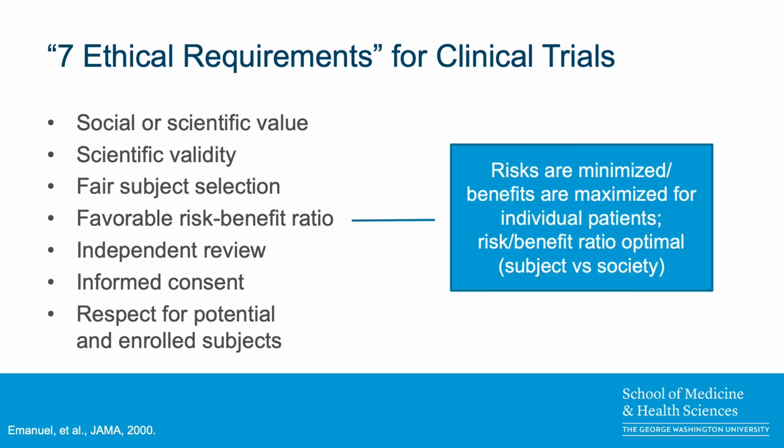A favorable risk-benefit ratio indicates that there's always a trade-off between what's best for the individual patient and what's best for the society in conducting clinical research. So Emanuel stated with this requirement that the favorable risk-benefit means that the risks to subjects are proportionate to the benefits to the subject and society.